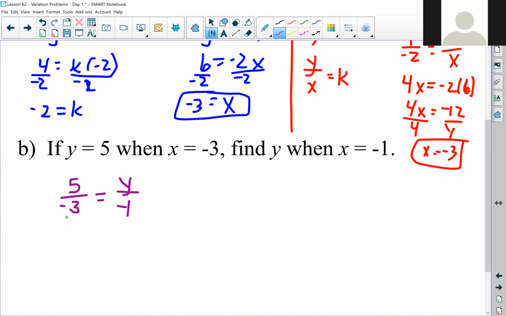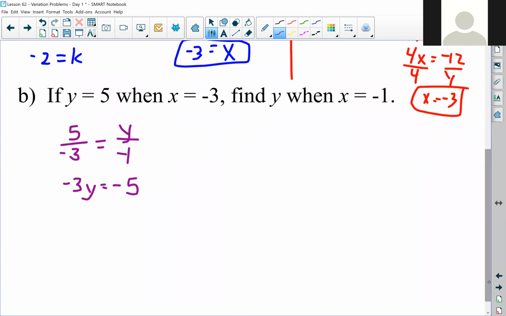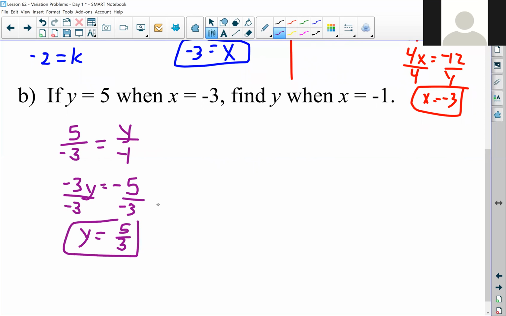Cross multiply, -3y equals -5, and divide. And again, I would just leave it as a fraction rather than writing it as a decimal. So that'll be the first few problems that you have on your homework assignment for tonight.